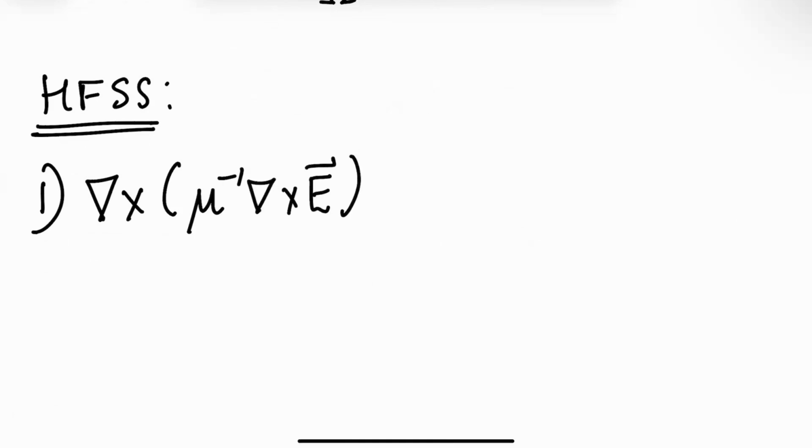We saw this equation in class a couple of times, but that was for a homogeneous medium. Minus J is the same as I for what we were doing, but in HFSS it's actually minus J.